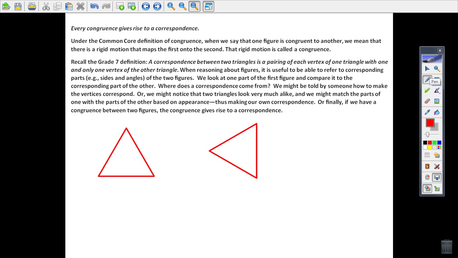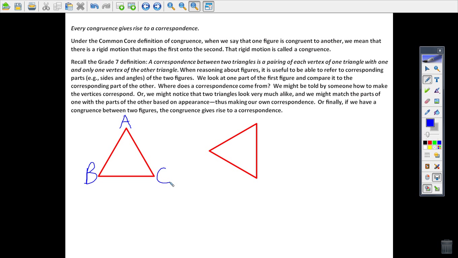Well, I can determine that they are congruent based on comparing the shape of the pre-image to the image and saying, is there some way for me to start with triangle ABC and then somehow prove that triangle DEF would be the same as triangle ABC using some kind of transformation?